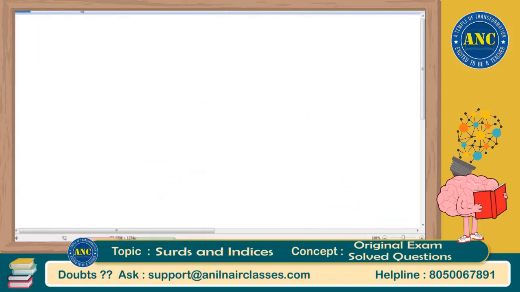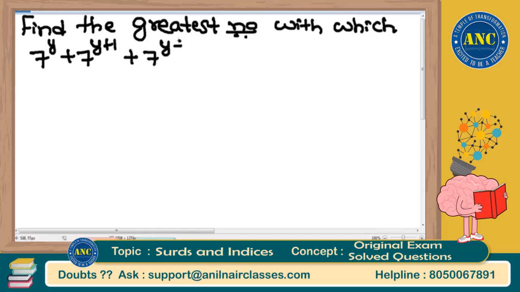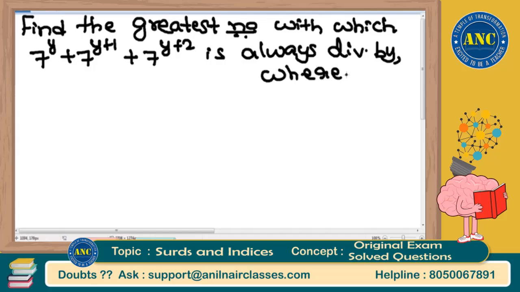Similarly, a similar question we are taking. See here, this time your question is: find the greatest number with which 7 power y plus 7 power y plus 1 plus 7 power y plus 2 is always divisible by, where y belongs to positive integers.